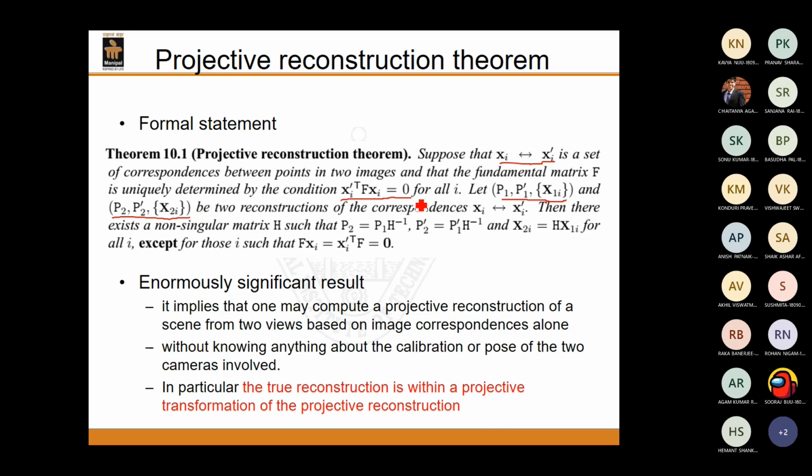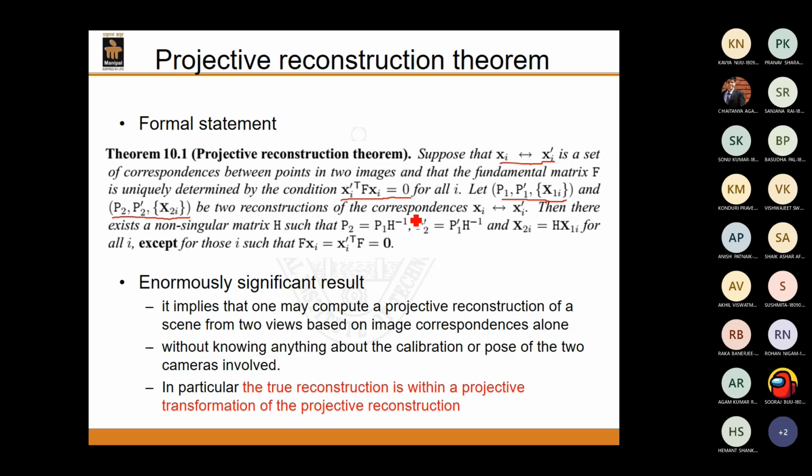Then these two sets of reconstructed parameters are mapped to each other using a projective transformation.